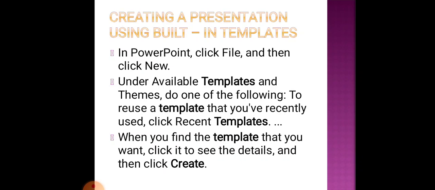As I told you before, under available templates and themes, do one of the following to reuse a template that you have recently used. Click Reset Templates. When you find the template that you want, click it to see the details and then click Create. Selecting sample templates.